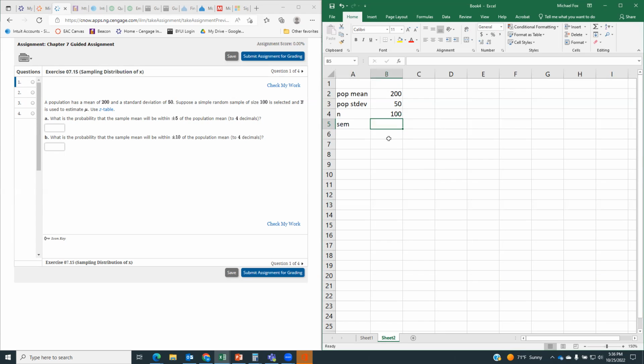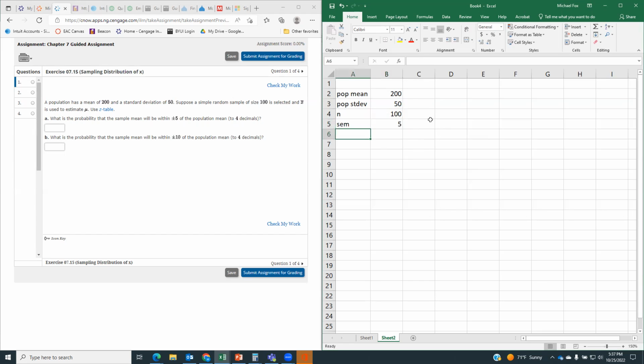And you can find that formula in your book. Give me a second. I'll even tell you what page. I'm sorry, I told you it wrong. Actually, it's the standard deviation over the square root of n, not the square root of the standard deviation over n. So the standard error of the mean is the population standard deviation over the square root of n. So we'll say this equals the population standard deviation divided by the square root of n.